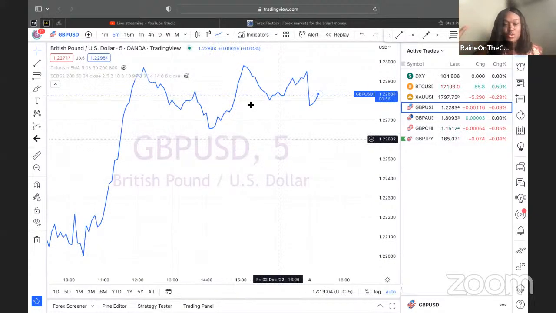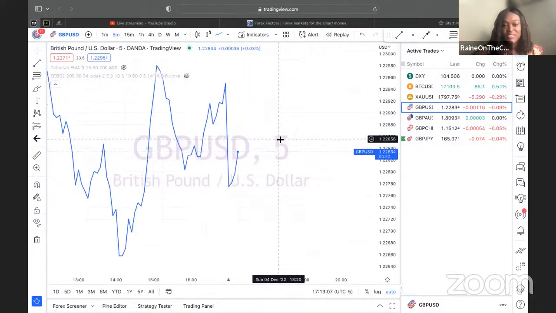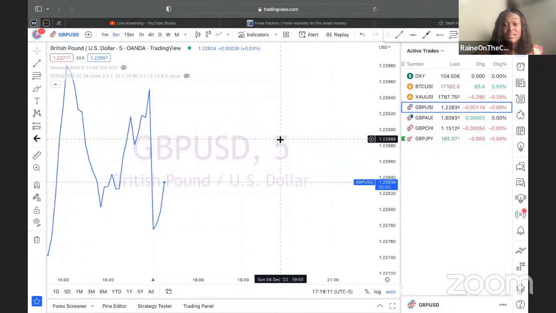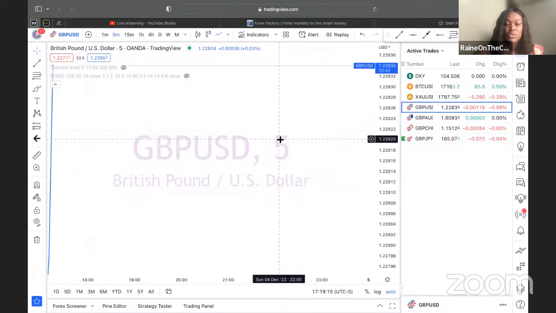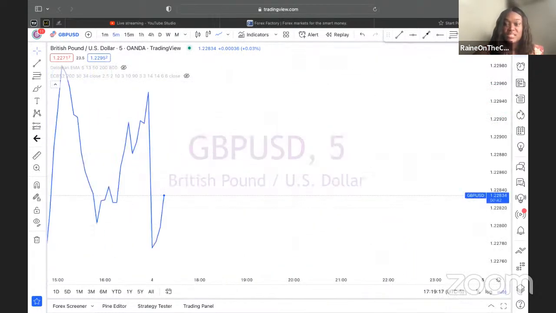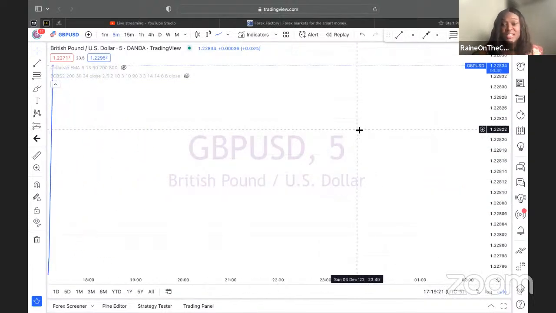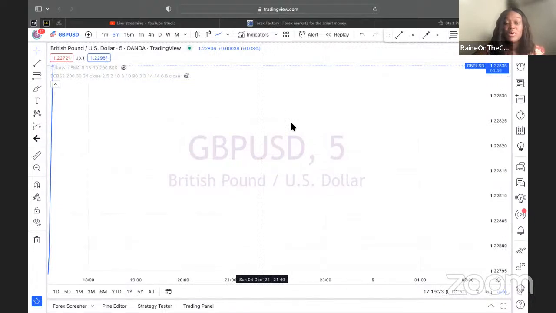The market's just opened. So gotta give it some time. I'll be revisiting this at 4 a.m., right? So let's talk about support, resistance, and trend lines, and what we would do once we have our pair.